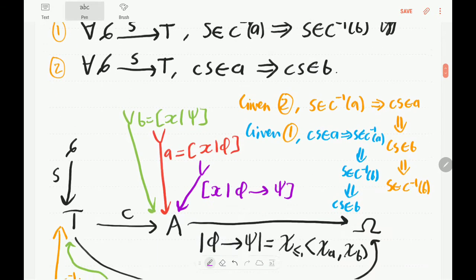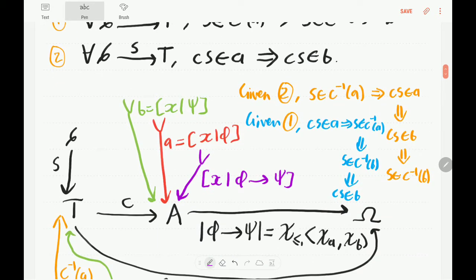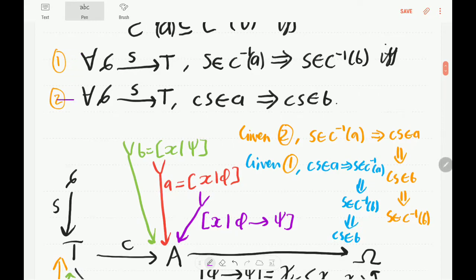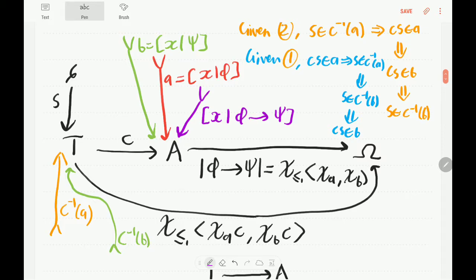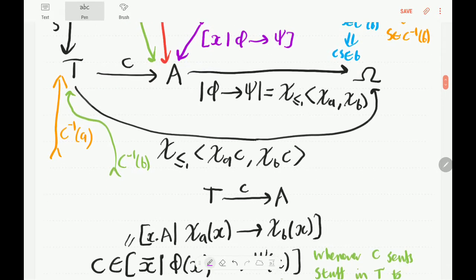And that's the claim. And we can see a little proof of that 1 and 2 are equivalent here. Okay, so this is the picture of what's going on.